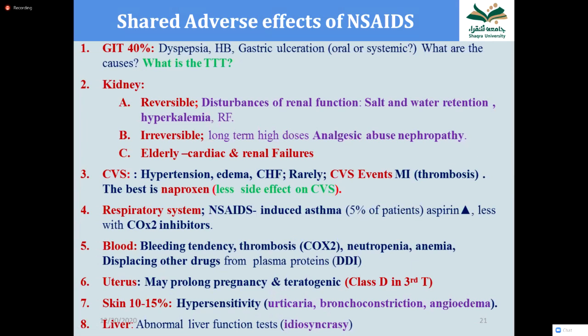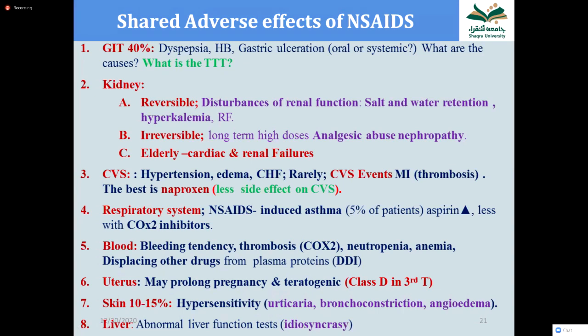Let's come to the point: the adverse effects of NSAIDs. In the GIT, we have seen, it may lead to dyspepsia, heartburn, gastric ulceration. This is more with the oral than the systemic route. So how will you treat? If you are giving it orally, you should give it after the food. Or you can use selective COX-2 inhibitors.